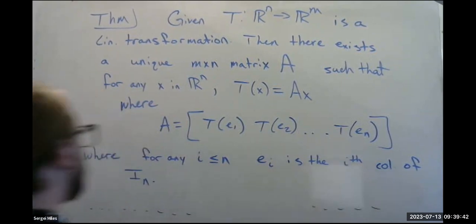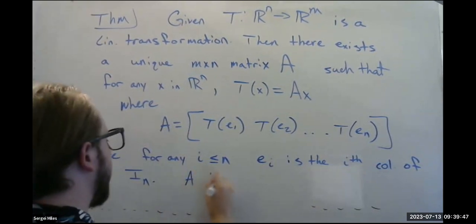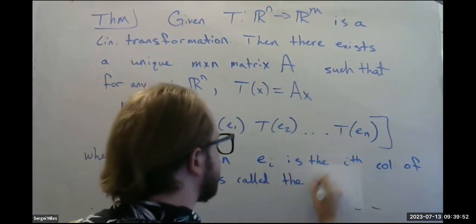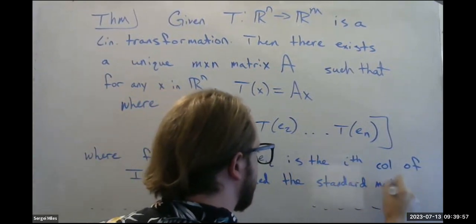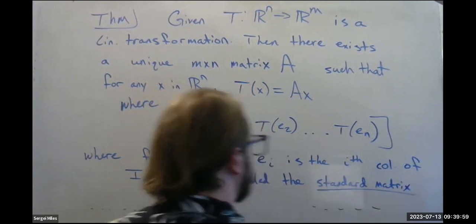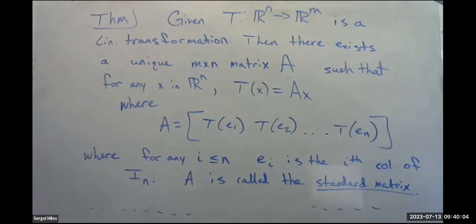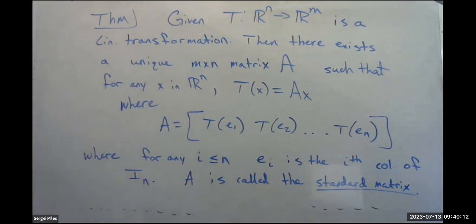Furthermore, A is called the standard matrix. You can see some questions in the homeworks if you want to work through some exercises for practice. They're going to ask questions about finding the standard matrix. This is what they're referring to. This is just another way of saying find the matrix A, except now we've given a formal name to the matrix A. It's called the standard matrix.